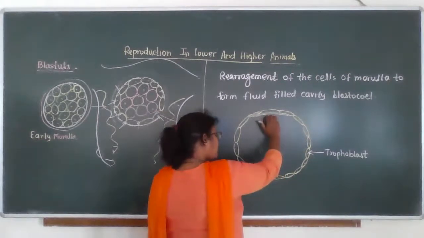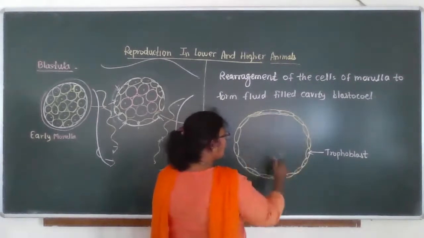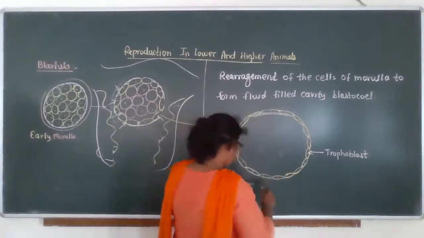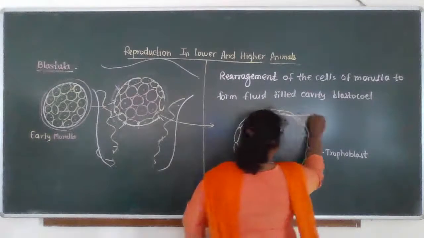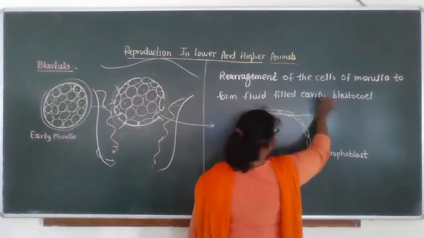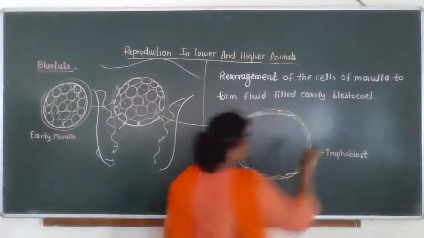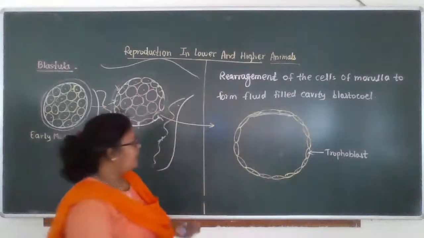Why are they moving to this side and not this side? Because there are specialized cells called the cells of Rauber here. I'm not mentioning it here; further on, during gastrulation, you will study that.